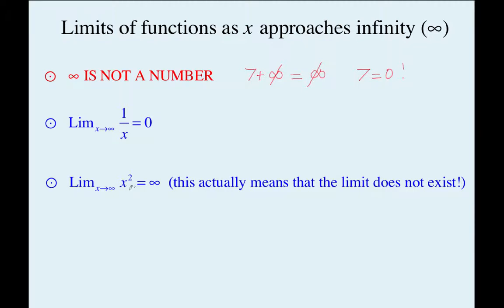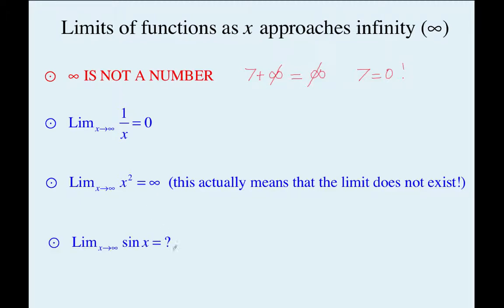Here, the limit is a problem because as x becomes larger and larger, x squared becomes even larger and larger. And there is no limit to this. We actually say that the limit does not exist. And so writing the limit of x squared, x goes to infinity equals infinity, is just a symbolic way of saying that the limit does not exist.